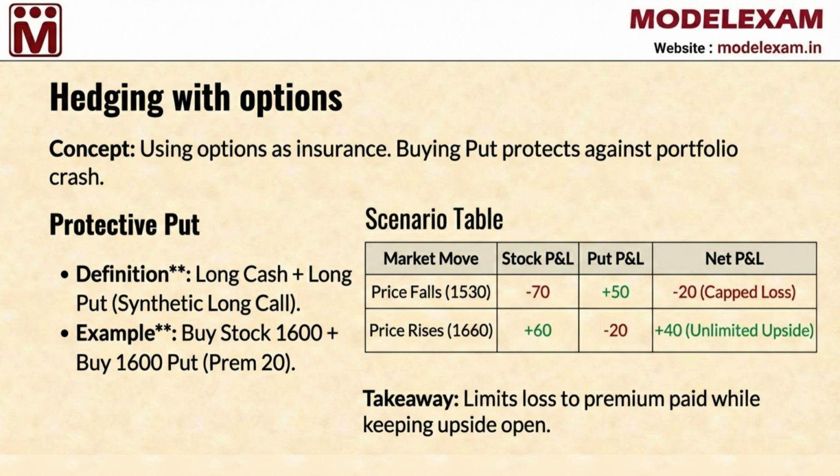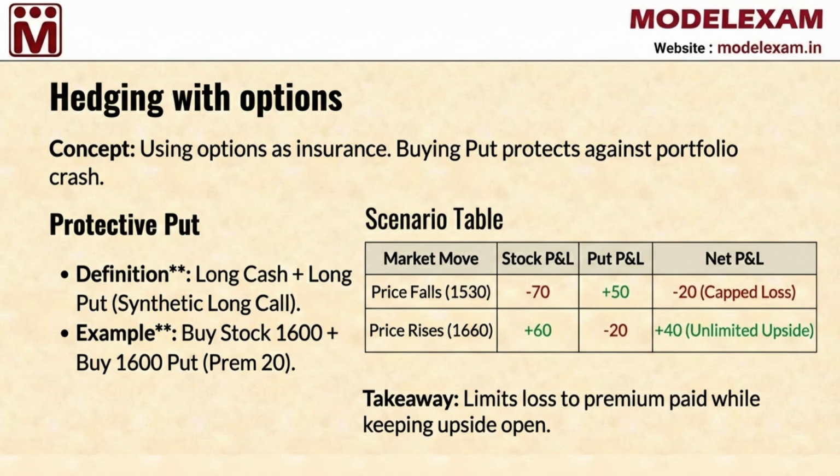Finally, we will look at hedging with options, specifically the protective put. This is like buying insurance for your portfolio. If you own a stock and are worried about a market fall, you buy a put option. For example, if you buy a stock at 1,600 and also buy a 1,600 strike put for a premium of 20, you have created a synthetic long call.